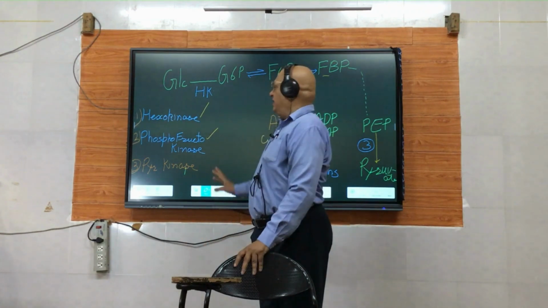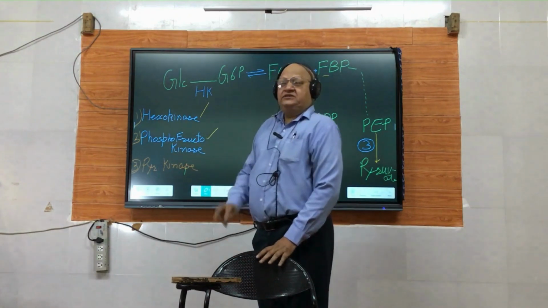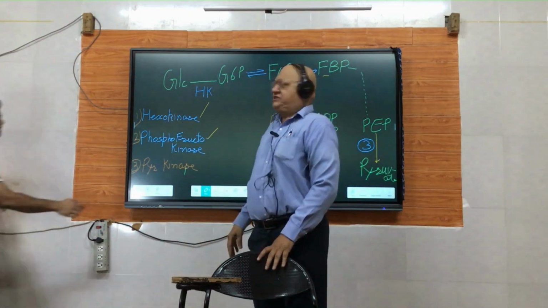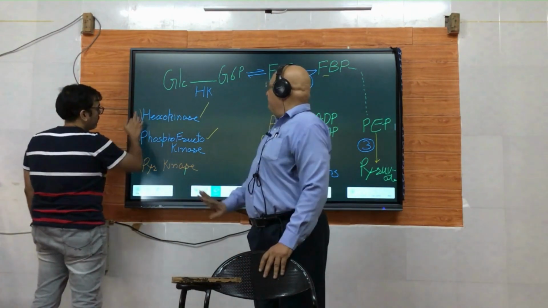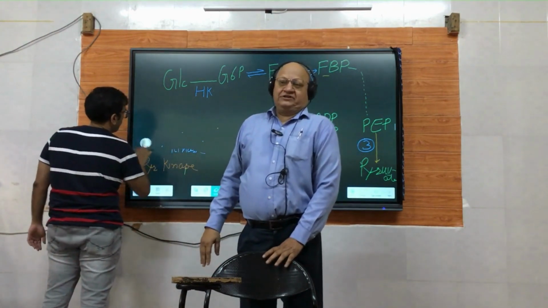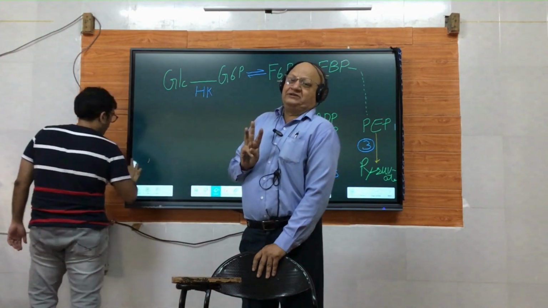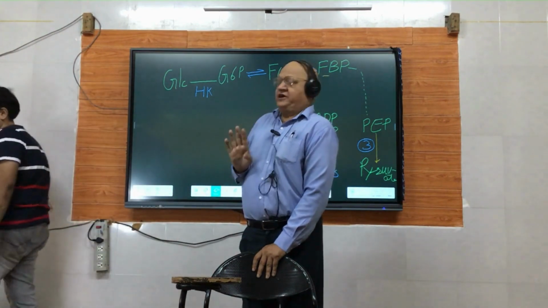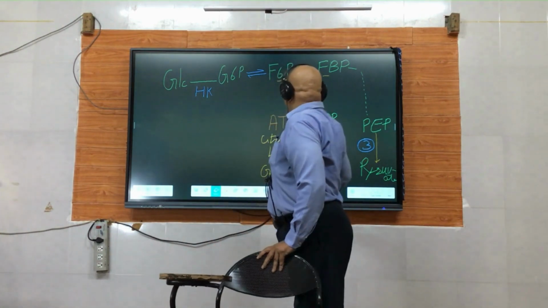So these three are the only irreversible steps, numbered as 3, 2, 1. So the rest of the steps are reversible. And these three irreversible steps are subject to regulation, which we are going to discuss now.